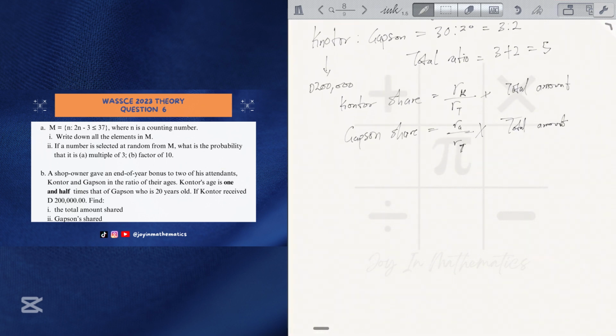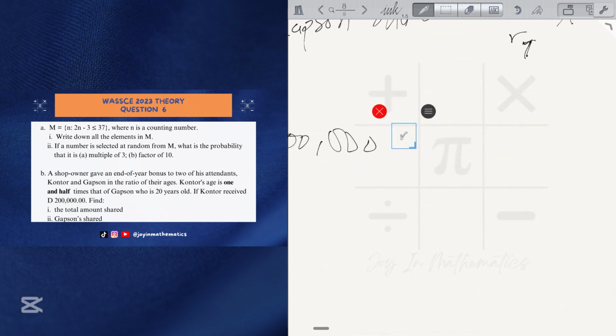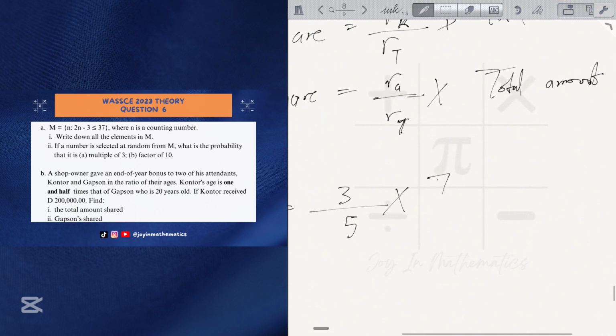The question says find the total amount shared. So let's use the first expression to solve the first question. We know that Nontour's share given in the question is $200,000. So $200,000 is equal to the Nontour ratio, which is 3, divided by the total ratio, which is 5, and remember we are multiplying it by the total amount.